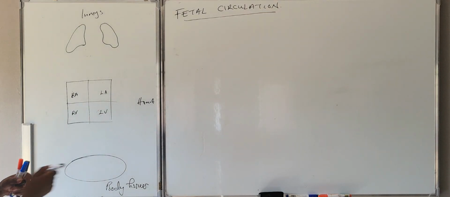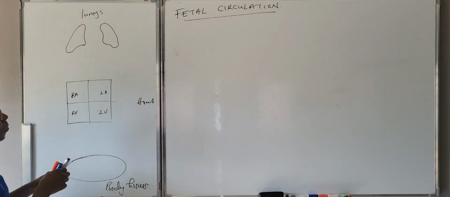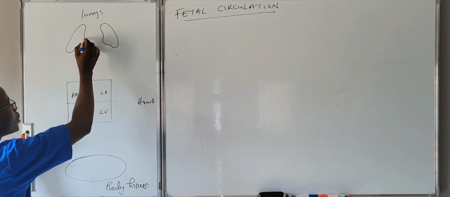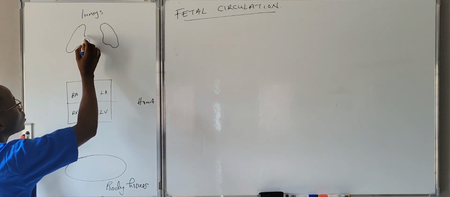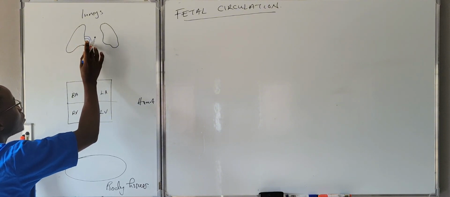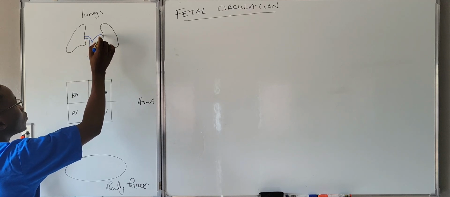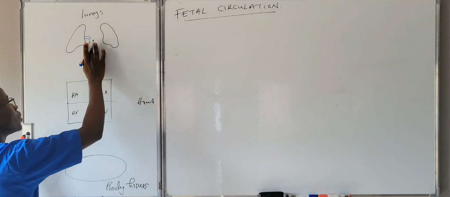Okay, so now let's say we have the pulmonary vein, okay, the pulmonary vein like that. So of course, we know that we have the left and right pulmonary veins. So the pulmonary vein, now let me actually draw it in, right?